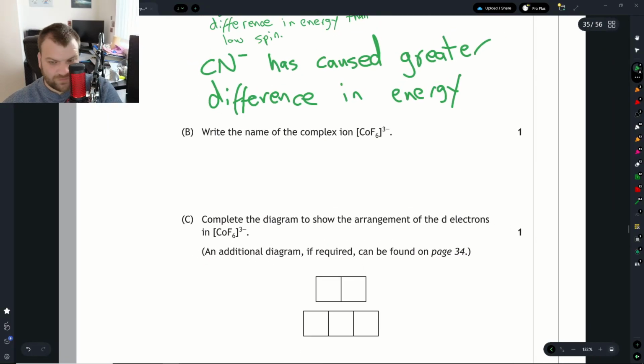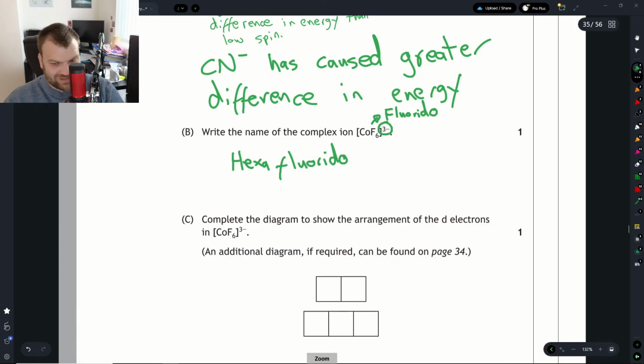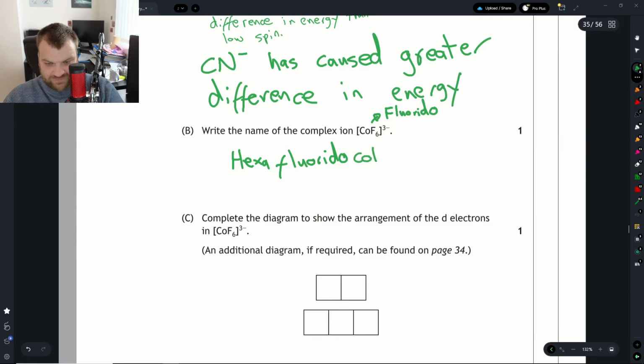Here we've got our complex ligand. We have got fluorine. And in these questions for transition metals, we call that a fluorido. There are 6 of them, so it's going to be hexafluorido. Because we've got a negative charge on the whole complex, that means instead of saying cobalt, we need to use the name cobaltate.